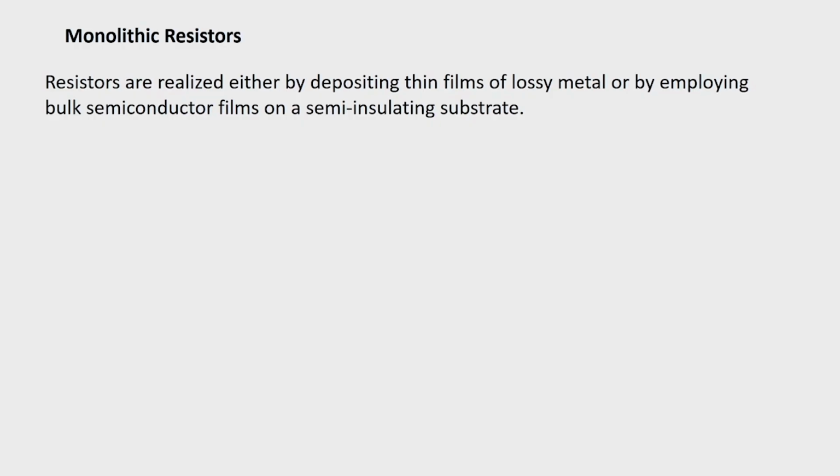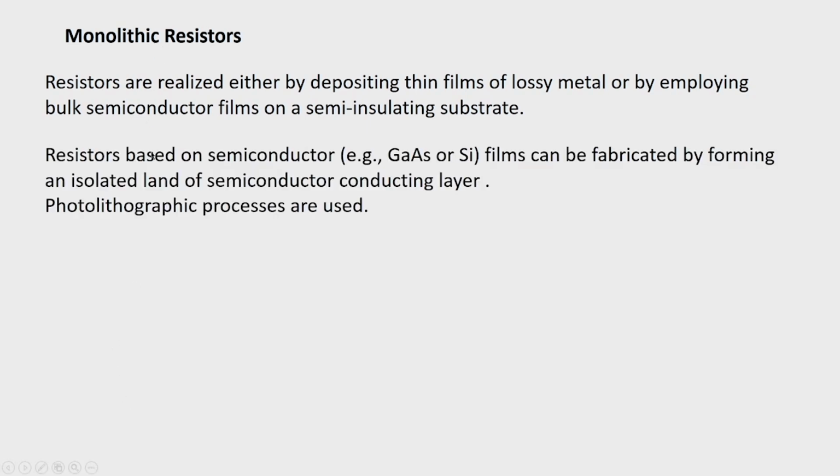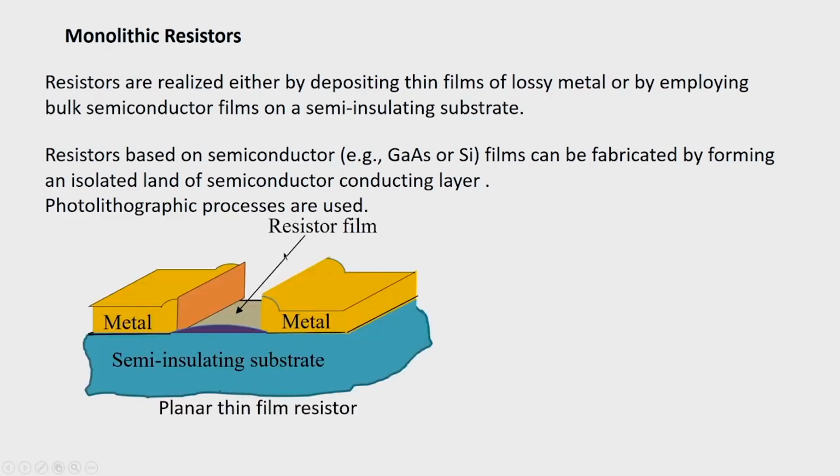The resistors are realized either by depositing thin films of lossy material or by employing bulk semiconductor films on a semi-insulating substrate. Resistors based on semiconductor, either gallium arsenide or silicon films, can be fabricated by forming an isolated land of semiconductor conducting layer, and a photolithographic process is used.